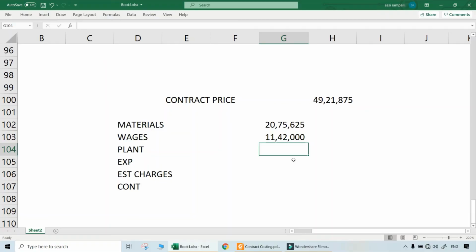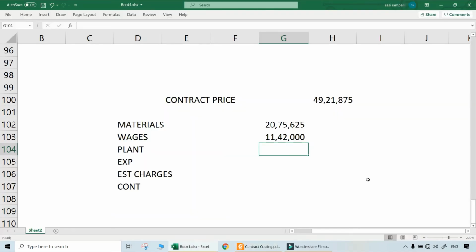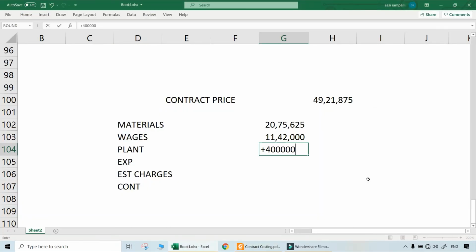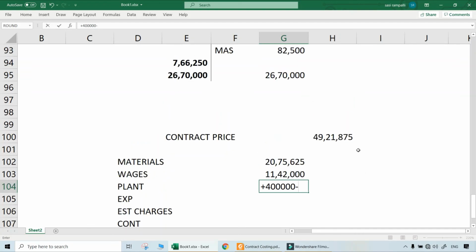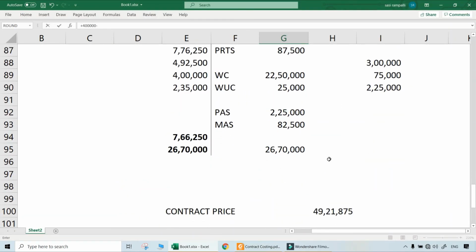Then plant. Plant is a very important calculation here. What should be done here is plant purchased is 4 lakhs, minus, in the first year, plant returned to stores was 87,500.